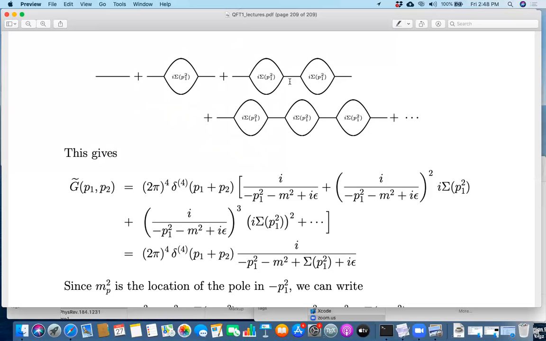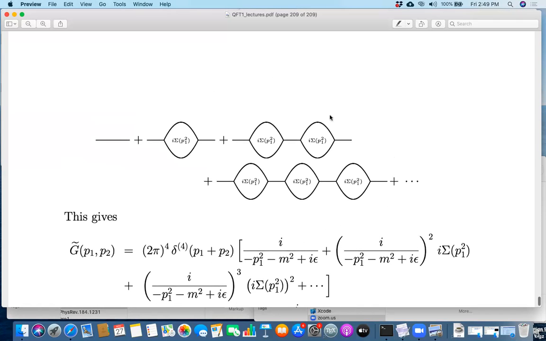This one as well as this one. So that's why these are the same. And then there are higher order terms which have the same structure. The next term will be a fourth power of this and a cube of this. The next term will be a fifth power of this and a fourth power of this, and so on. So is this clear? This organization of these diagrams?